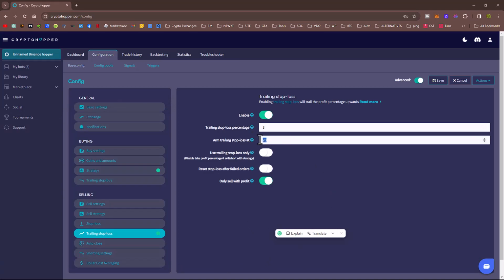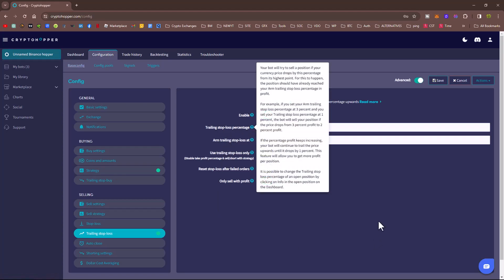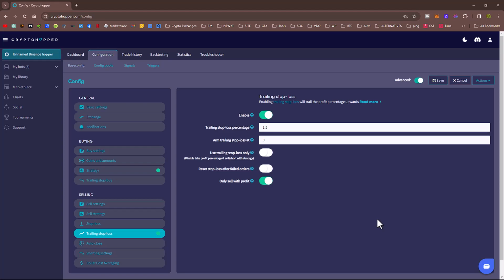If you've got tight arming and tight drop percentage, it can activate at 3% profit, and then it can drop by 1.5%. So you're now 1.5% in profit.